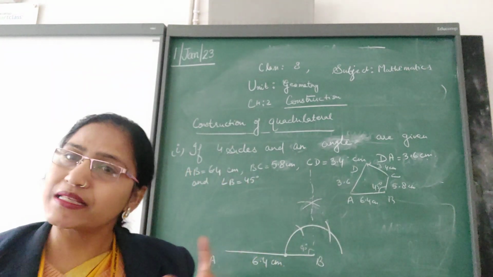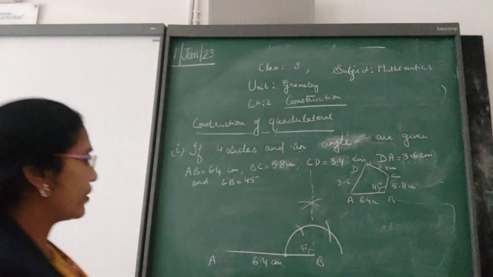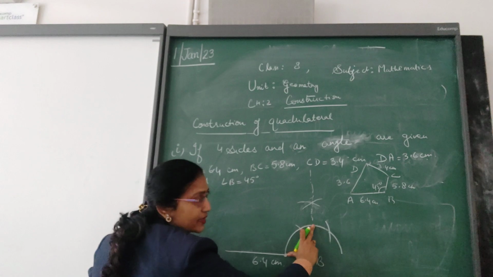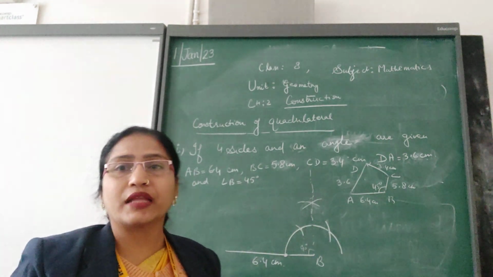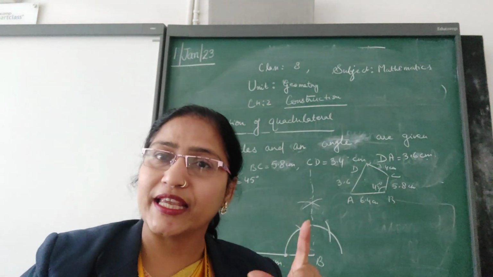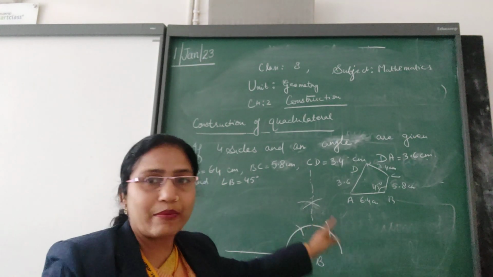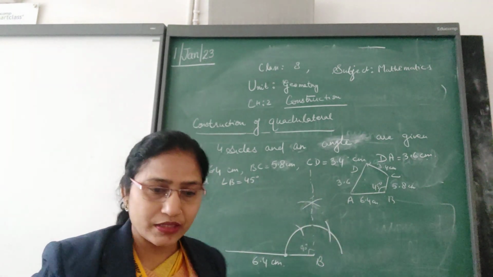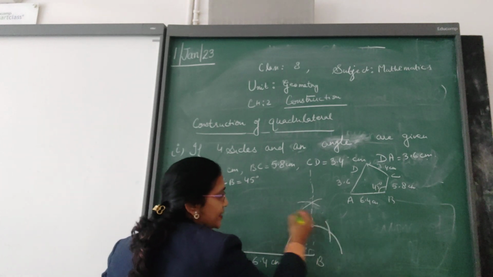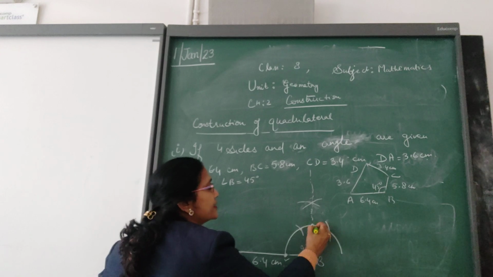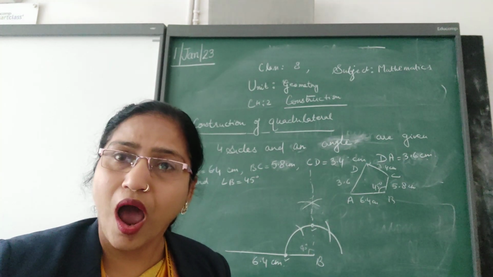Now half of the 90 is the 45. You may take the same radius, otherwise you may take this, like this is the radius. As you wish, whatever you want to follow, otherwise don't make any changes in the compass. Whatever radius you have taken to draw the semicircle, with the same radius, you draw the arc taking these two as a center. Now these 2 points become centers to draw the arcs.